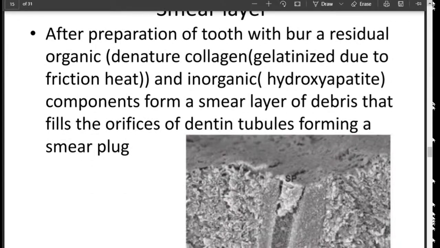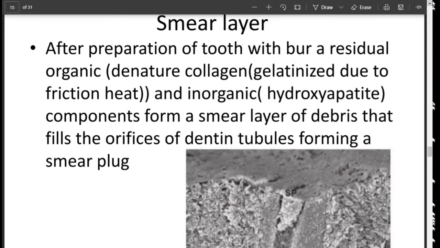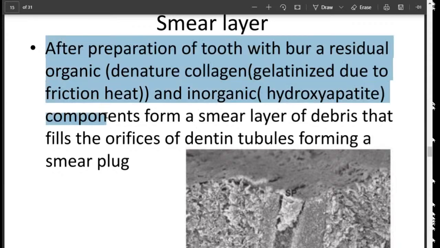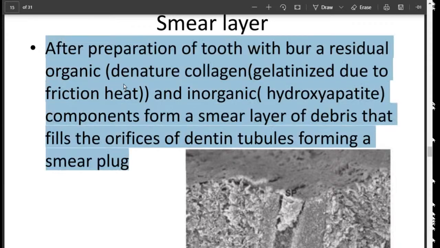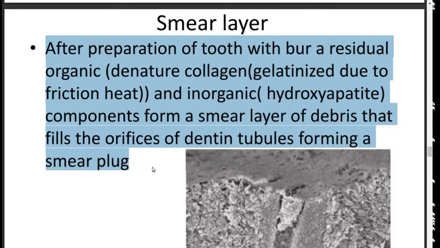The smear layer definition. After preparation of tooth with residual organic, denatured collagen gelatinized due to friction heat, and inorganic hydroxyapatite components form a smear layer of debris that fills the orifices of dentin tubules, forming a smear plug.